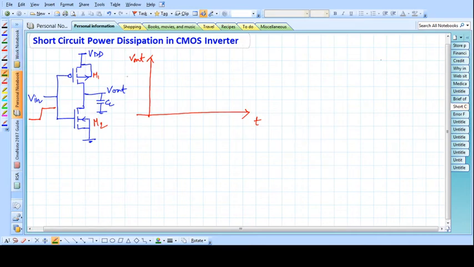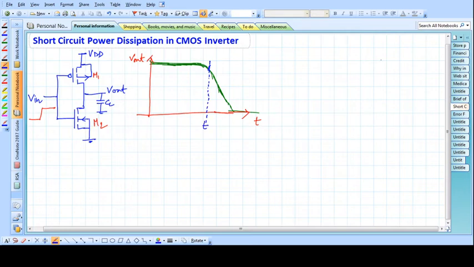This is the output characteristics, the output voltage.